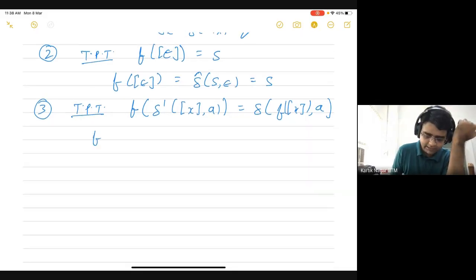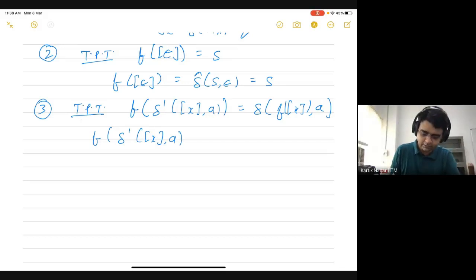Again, we can directly apply the definition of f to show this. So f of delta prime of x comma a.